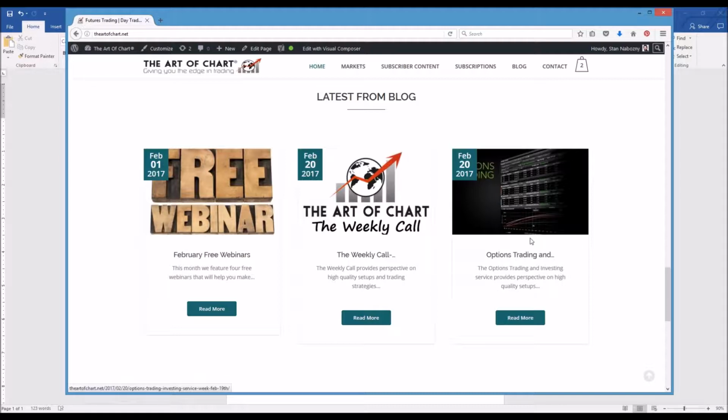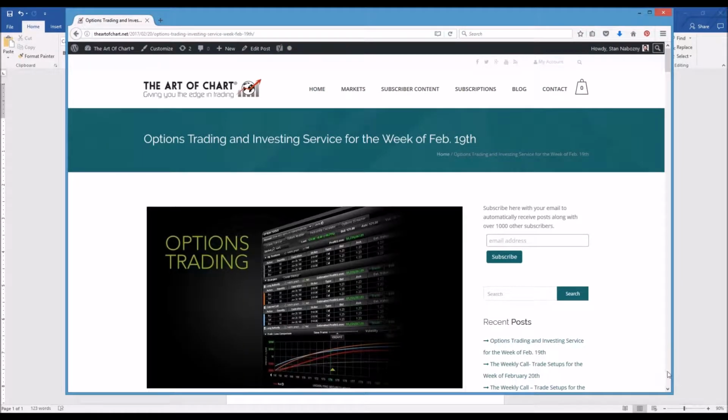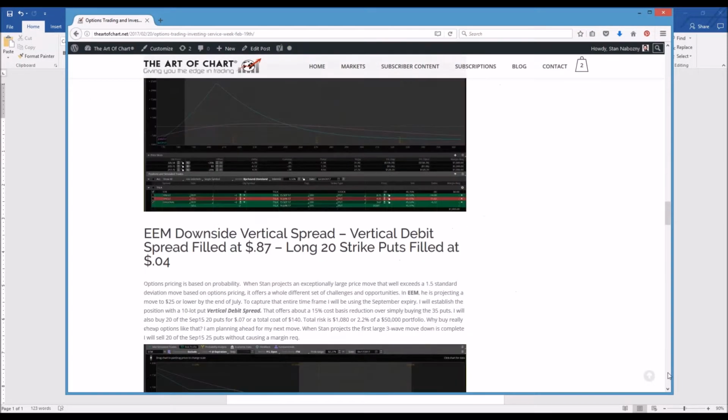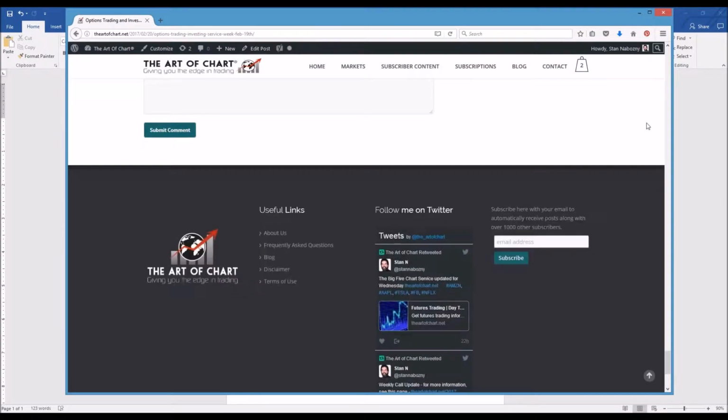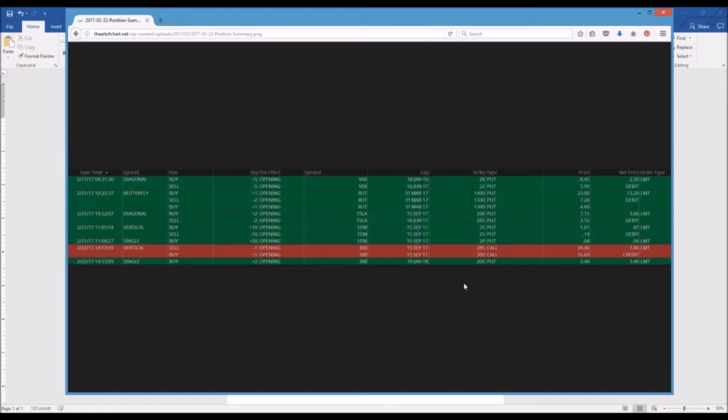Our options service is a public service. It is free. You'll find it on this web page. I'll just show you the positions that we're in right now. I think we have a total of 6 positions. We are up 18% in 6 days. Our Russell trade, I think today was up 30%, if I'm not mistaken. Let me just find the options post.